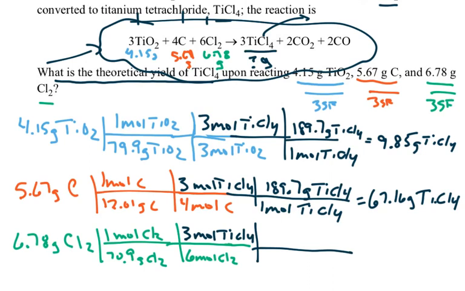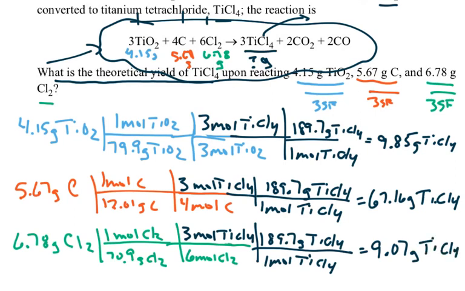For every 1 mole of TiCl4, there's 189.7 grams of TiCl4, equals 9.07 grams of TiCl4.